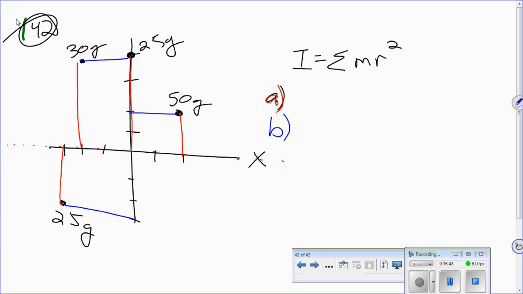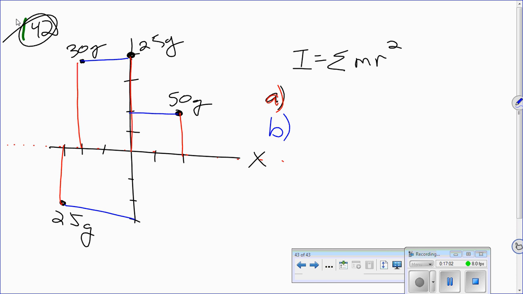If your radius is 0, your rotational inertia is 0. So this thing has no rotational inertia because it has a radius of 0. Everybody good? You want me to write it out?